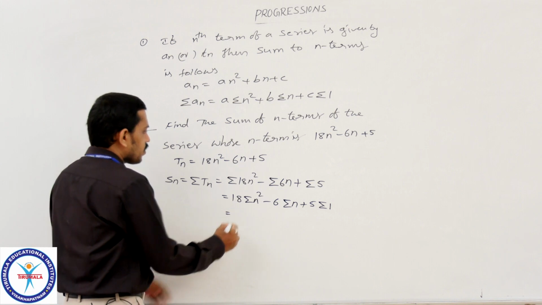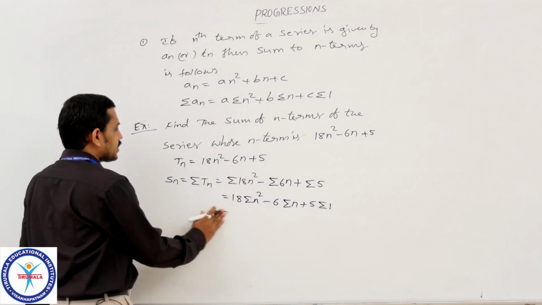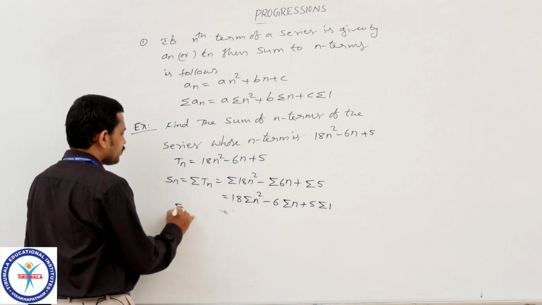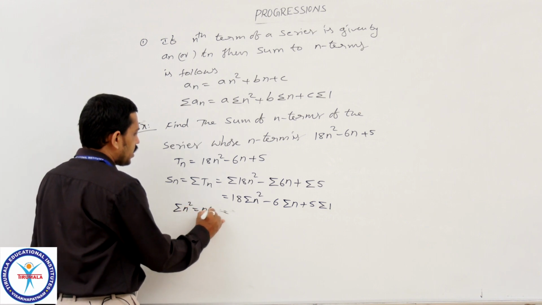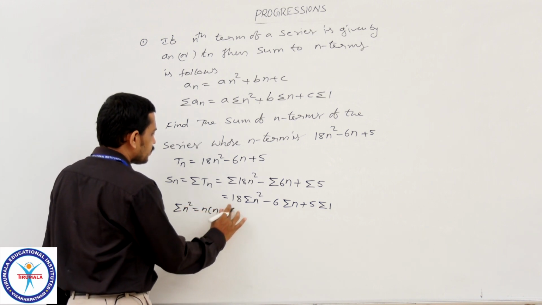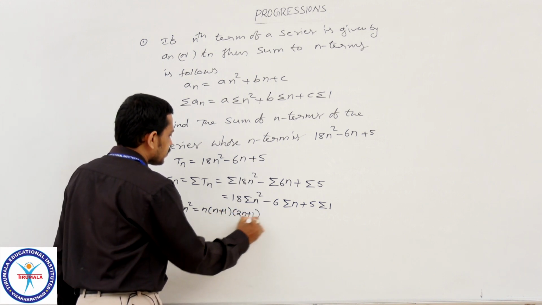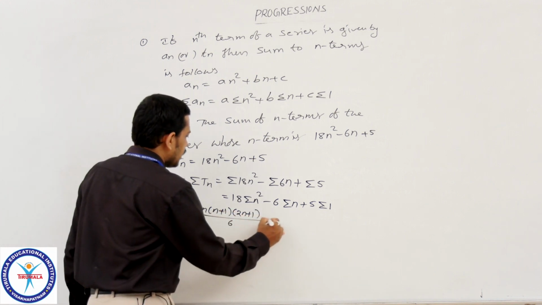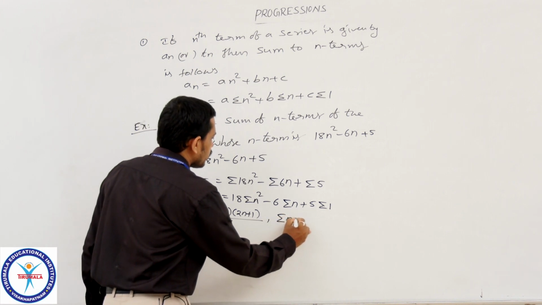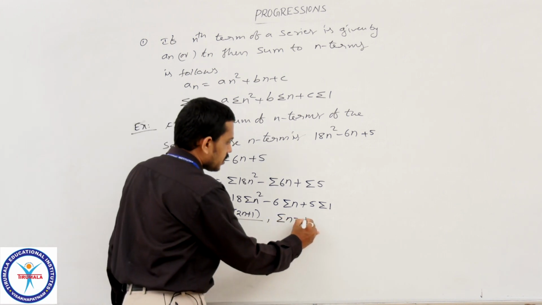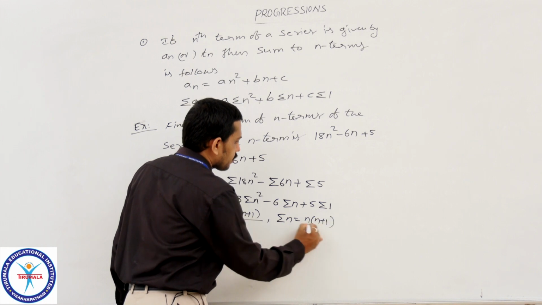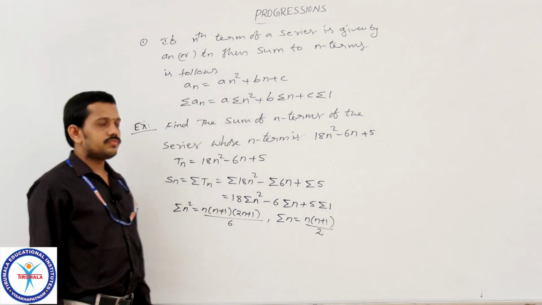So what is sigma n square? Sigma n square is equal to n into n plus 1 into 2n plus 1 by 6, and sigma n, the sum of the first n natural numbers, is n into n plus 1 by 2.